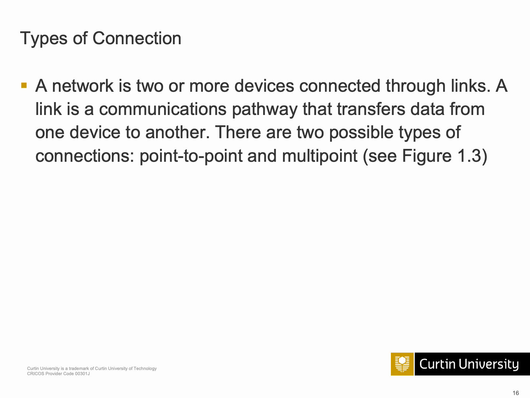A link is a communication pathway that allows data to be transferred from one device to another. If we need to communicate between two devices, they must be connected in some way to the same link at the same time.